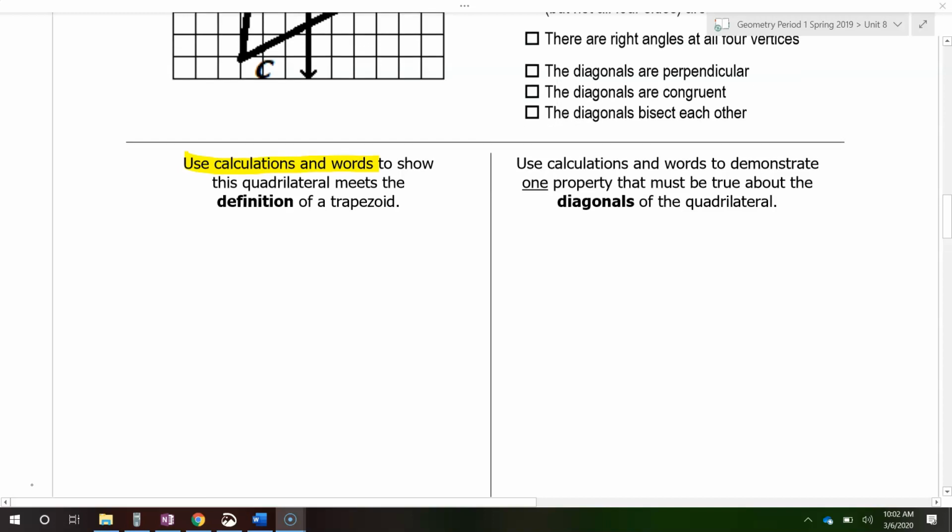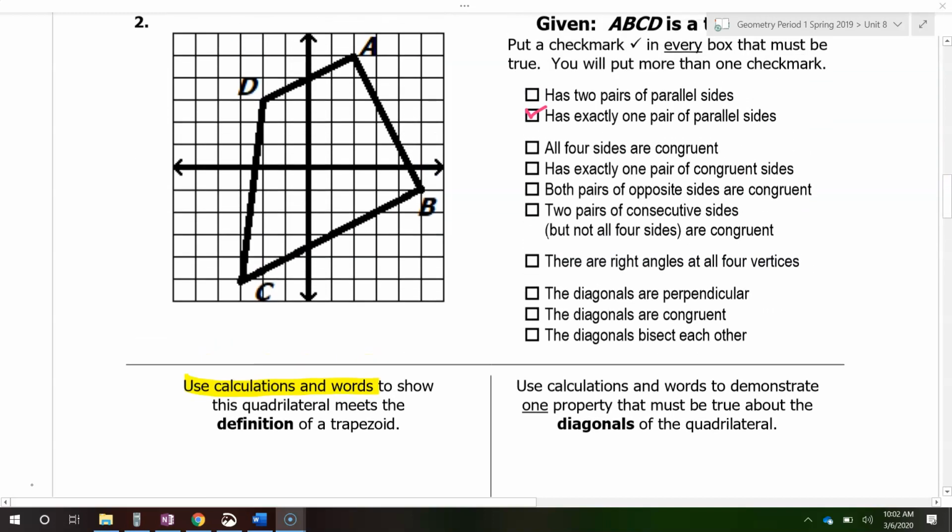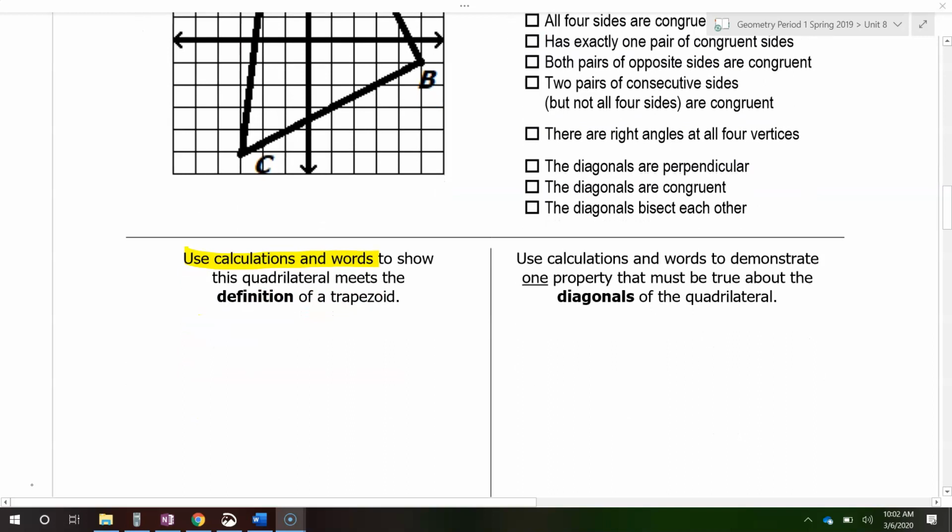Okay? So we're supposed to prove that this is a trapezoid. Feel free to type this, especially if you write really big.